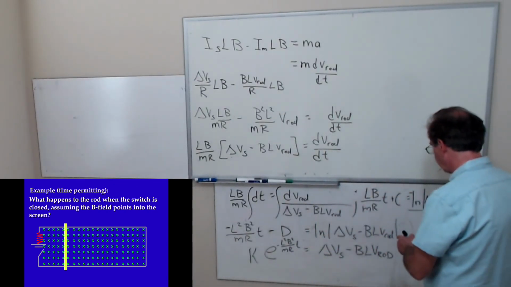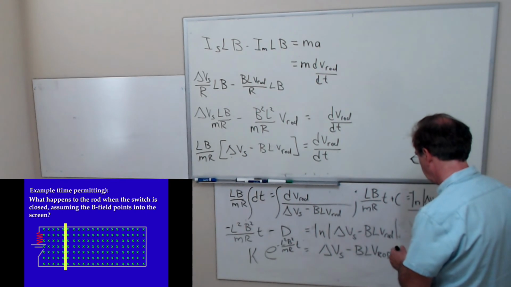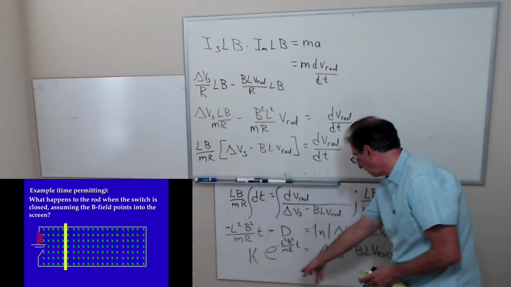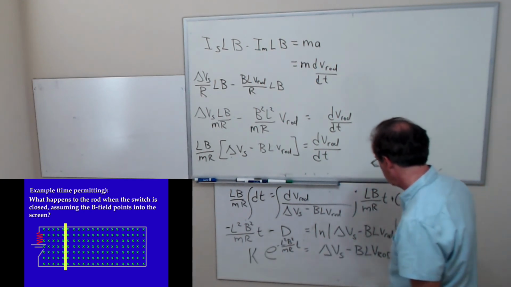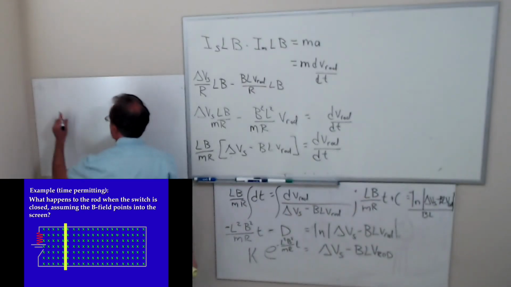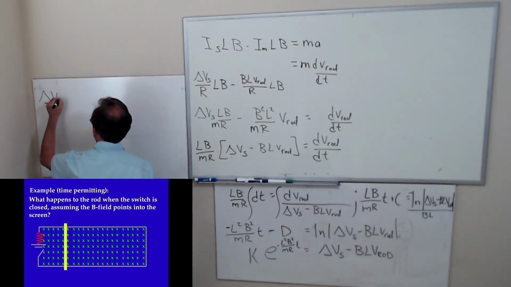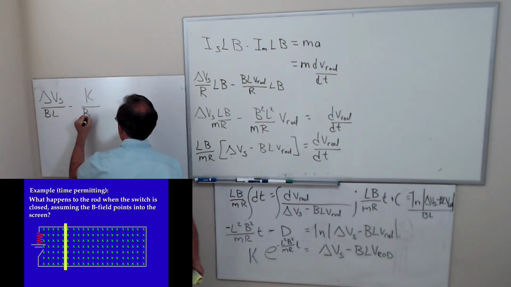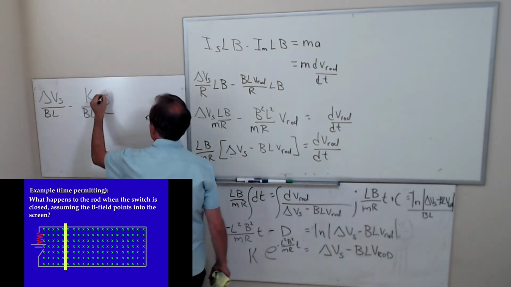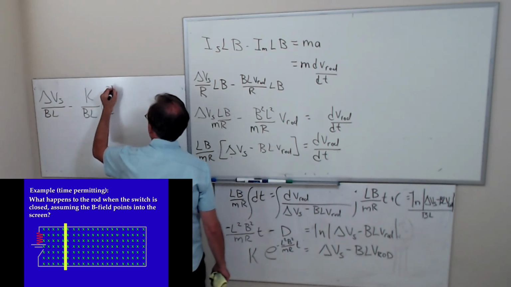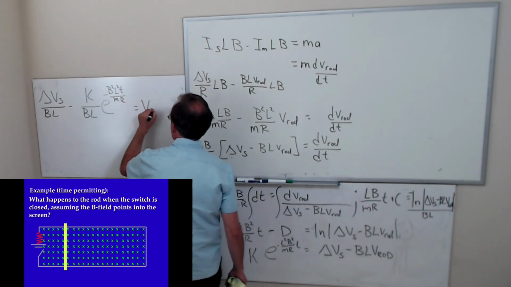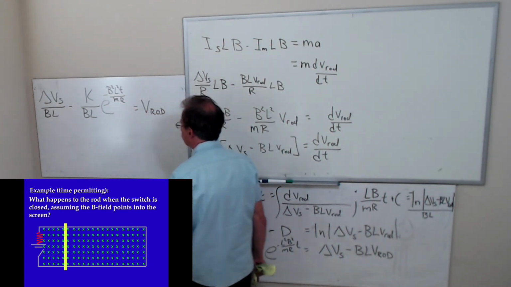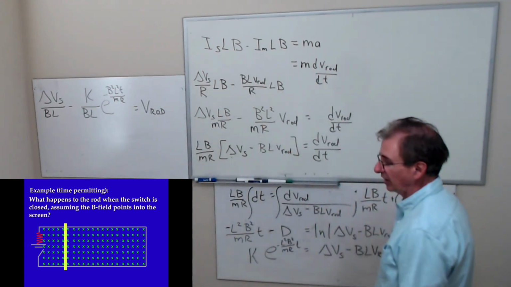So I want to solve this for V rod. So I'm going to move this to the other side of the equation and divide both sides by minus BL. So I'm going to get the following. Question is, what is K?